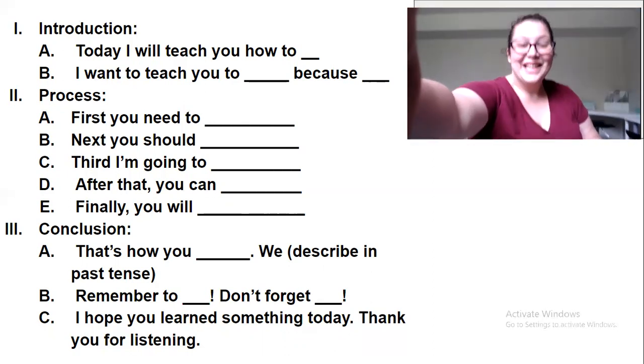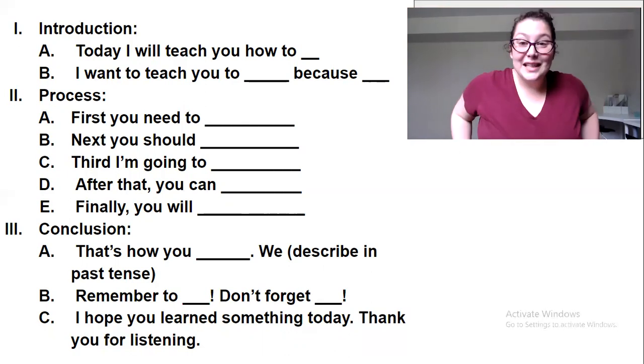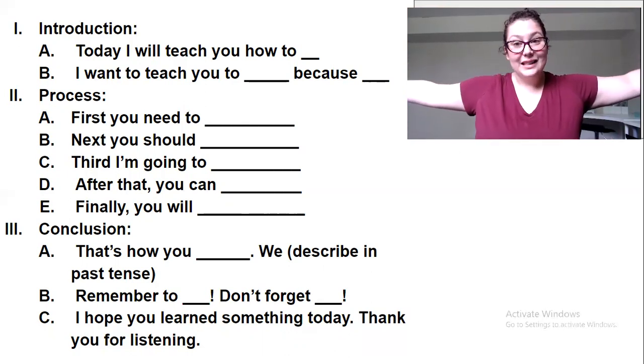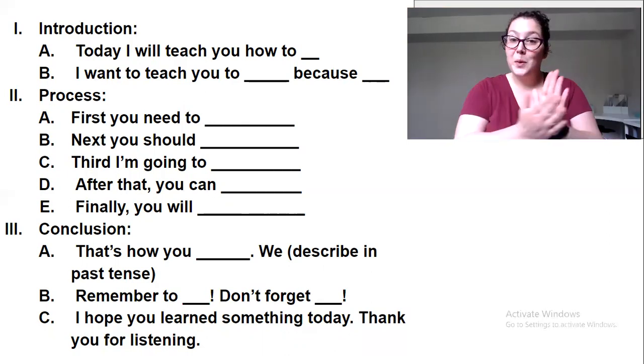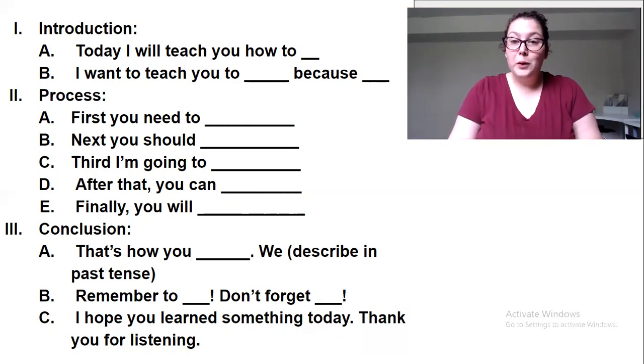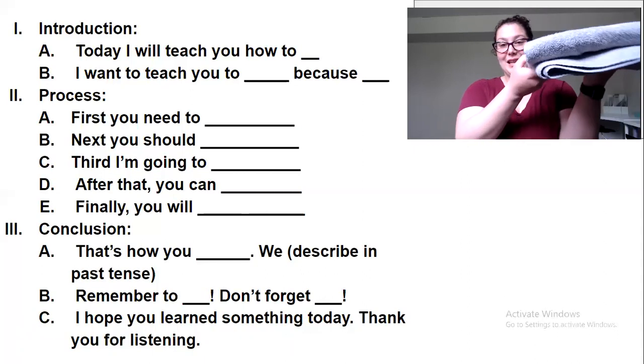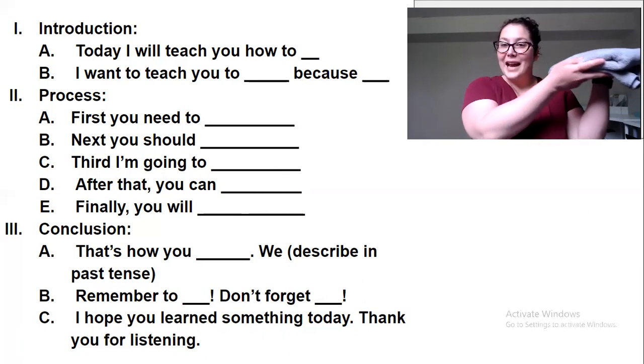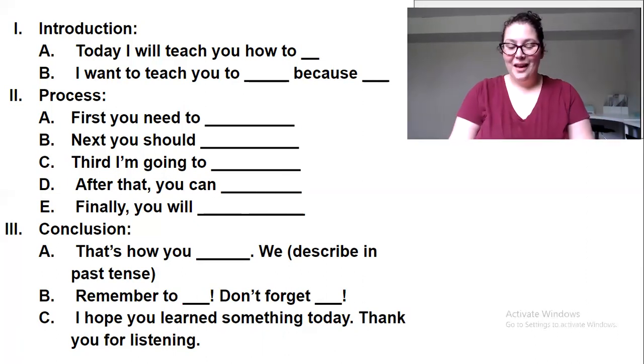All right, so that's how you fold a towel. Remember, we held it up long ways, folded it in half twice, and then folded the towel in thirds to have a nice, neat, folded towel that will slide onto your bathroom shelf.